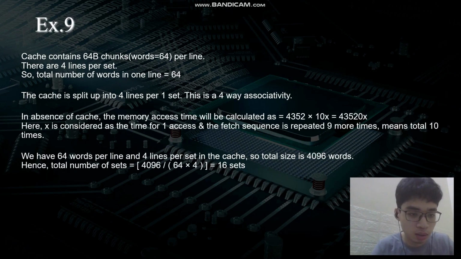We have 64 words per line and 4 lines per set in the cache. So the total size is 4096 words. Hence the total number of sets equals 4096 divided by 64 times 4, equal to 16 sets.